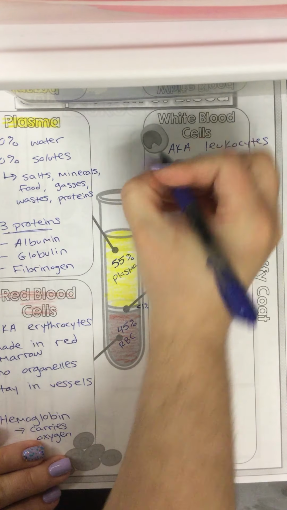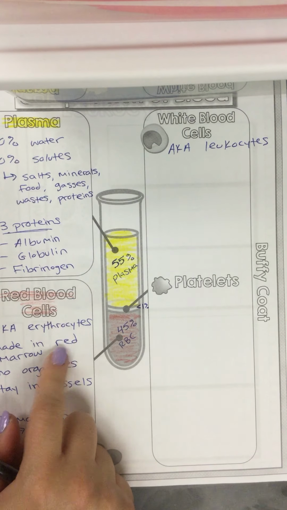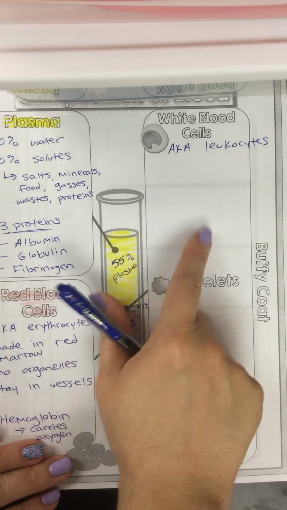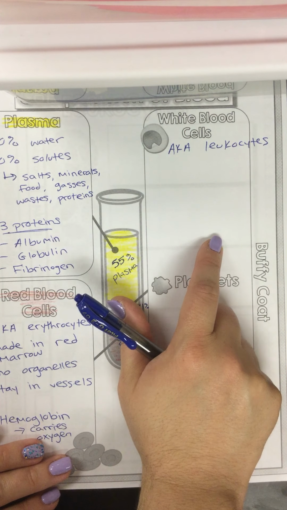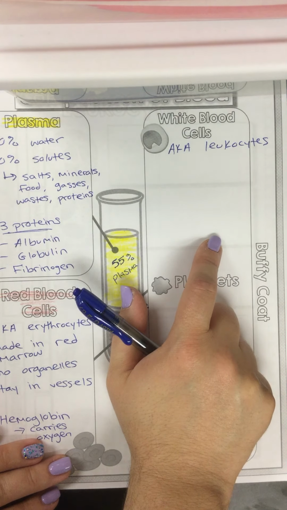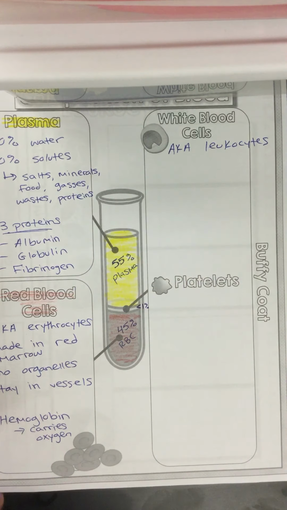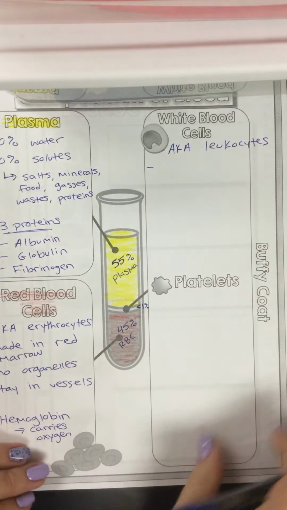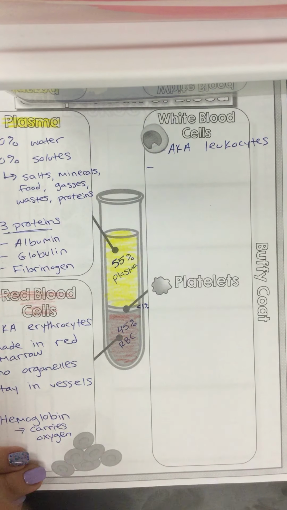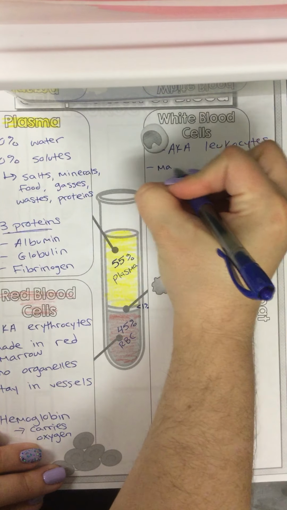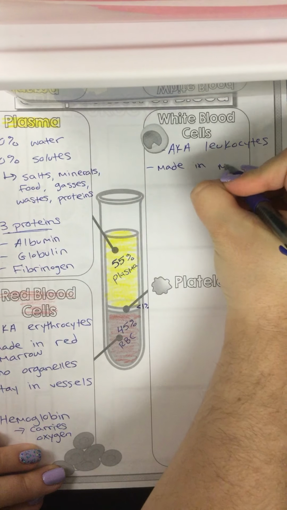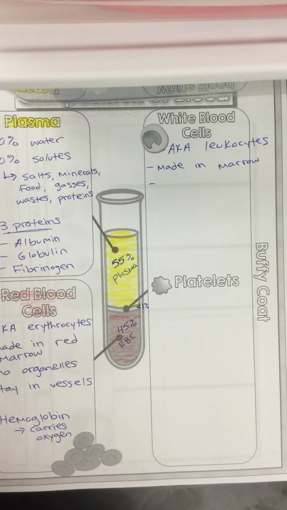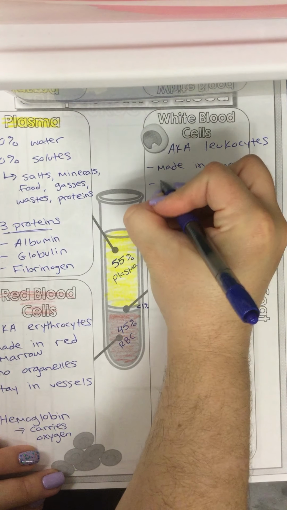These guys are also made in the red marrow. These two come from the same stem cells, but some white blood cells develop in other areas, like they become more mature. So we'll see more about that. This next page is about the leukocytes. These ones, though, do have organelles.